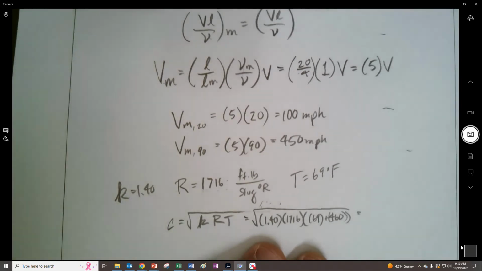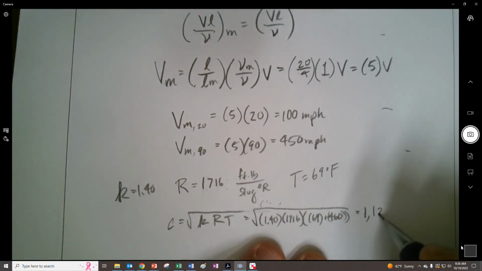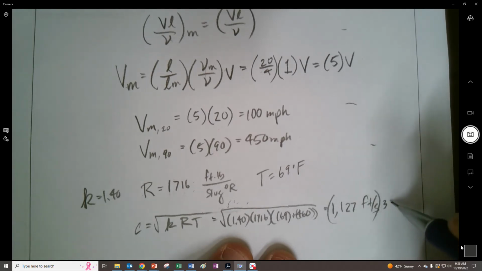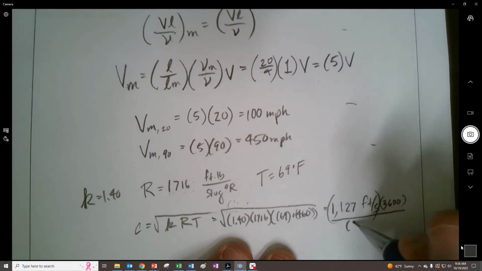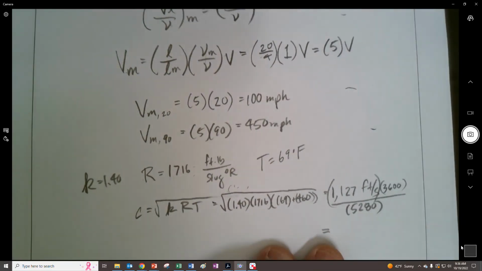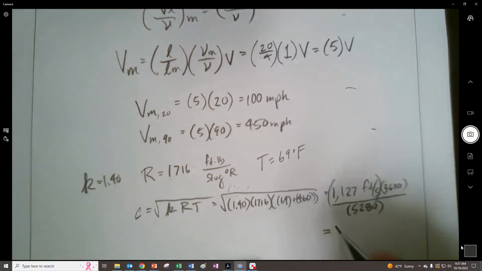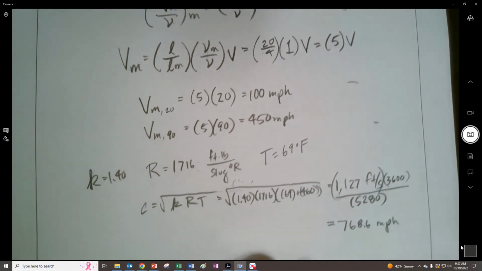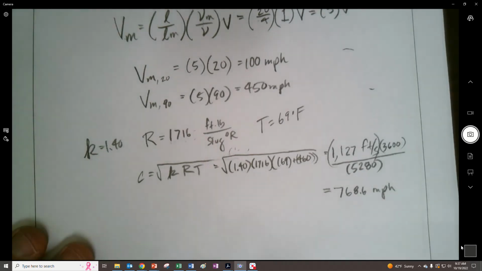Take the square root. I get 1,127 feet per second. And then if I multiply by 3,600 seconds per hour and divide by 5,280 feet per mile, I get 768.6 miles per hour, which is the speed of sound at that temperature, 69 degrees.